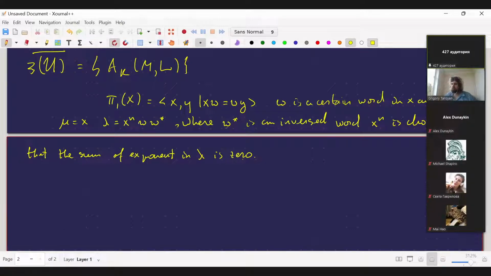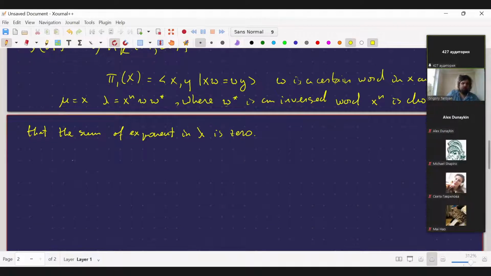And so it is sufficient to find an equation A prime. So be aware that this prime does not mean a derivative of any sort.